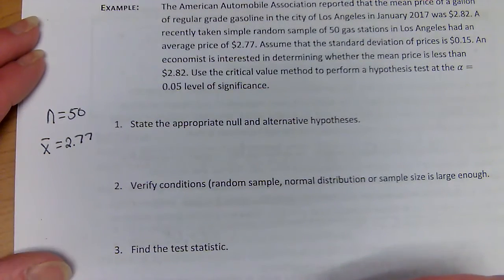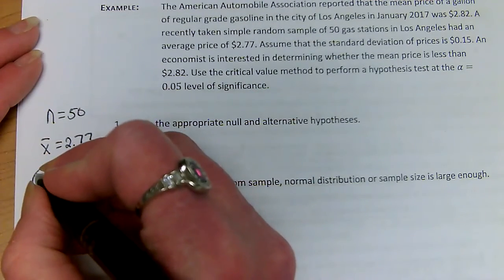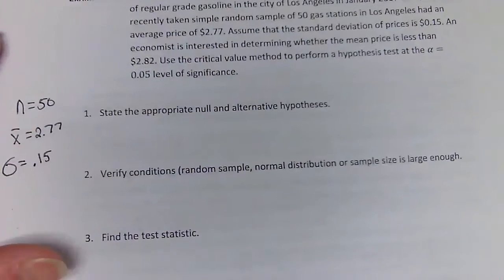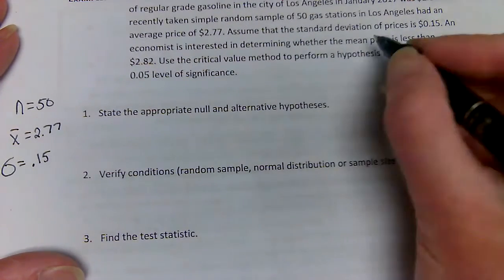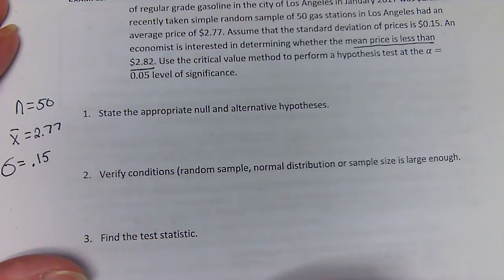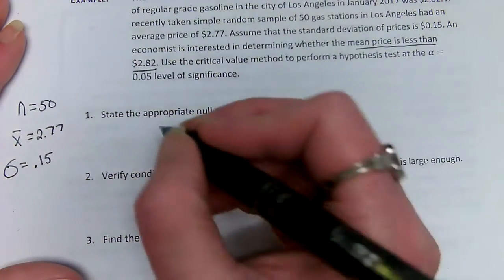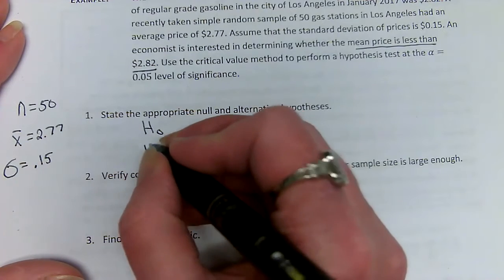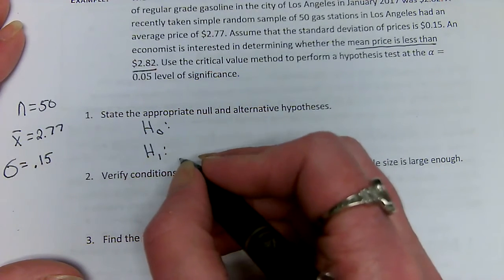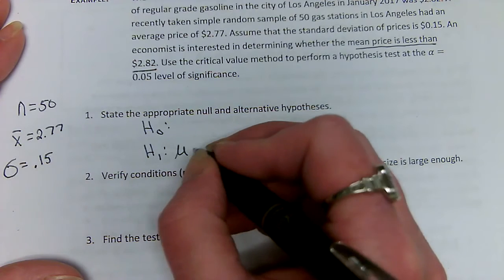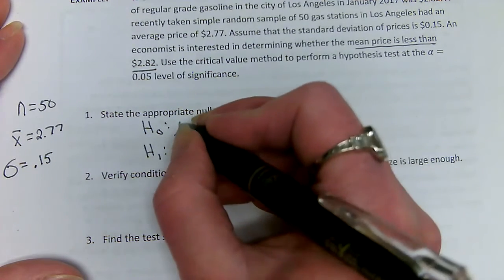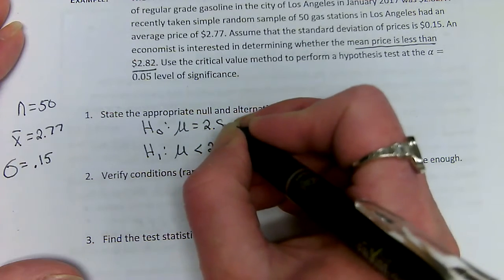Assume the standard deviation of prices is 0.15. An economist is interested in determining whether the mean price is less than 2.82. That's my claim. So that ends up becoming my alternative hypothesis, is that the mean is less than 2.82. So that means my null is that it does equal 2.82.